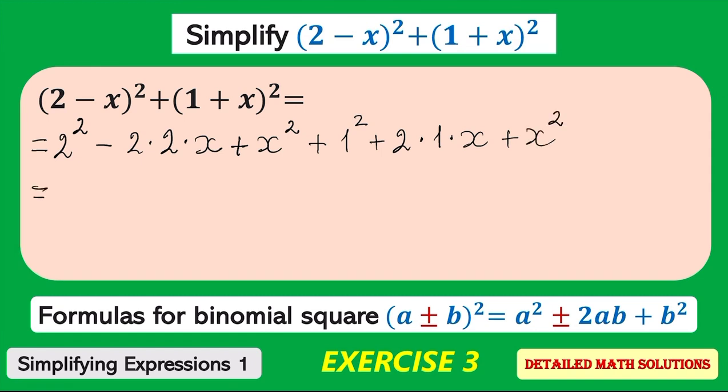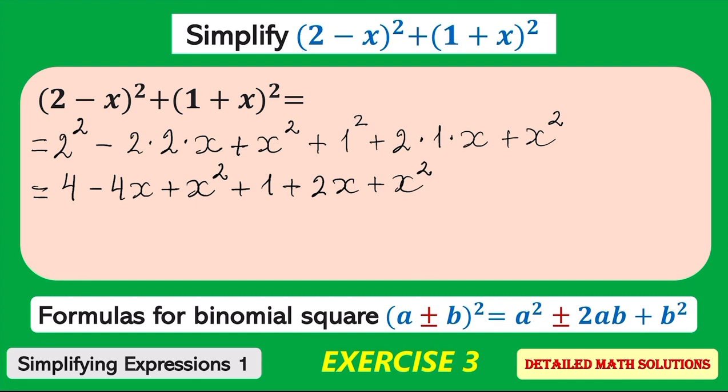When I simplify further, this equals 4 minus 4x plus x squared plus 1 plus 2x plus x squared.